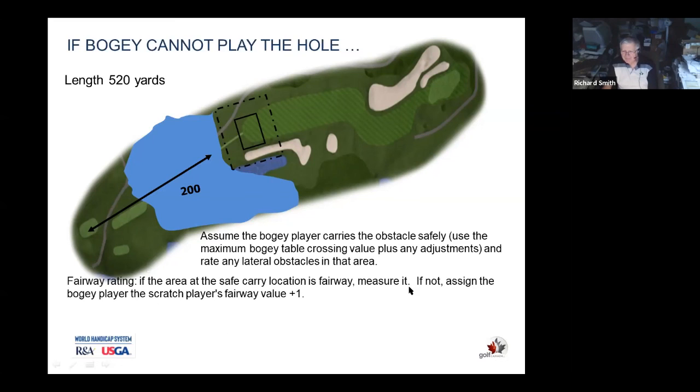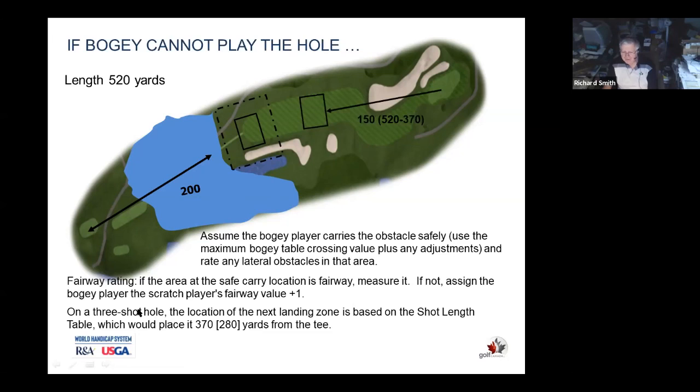If it's a fairway, we measure it. If not, assign the scratch fairway value for that area plus 1. And the location of the next landing zone on this 3-shot hole is based on the shot length table, not on where we've artificially made a landing zone.